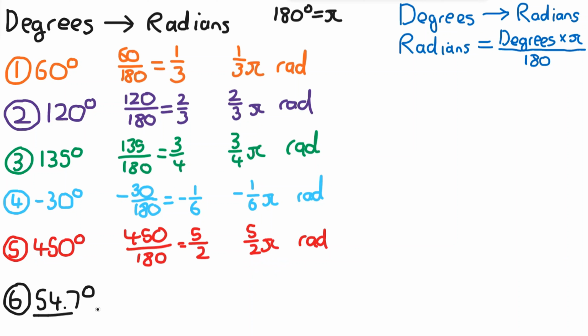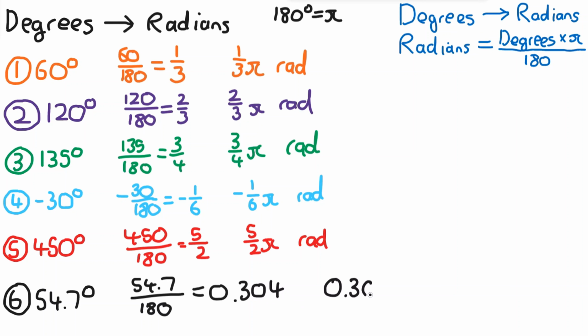And then for the final one, 54.7, so we just do the same thing. 54.7 divided by 180, if you put it into your calculator, is equal to 0.304. Now the only difference with this one, the reason I've specifically included this one, is we don't write this as 0.304 pi like we have with the previous ones.